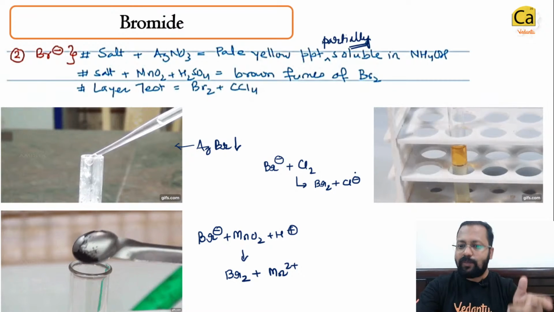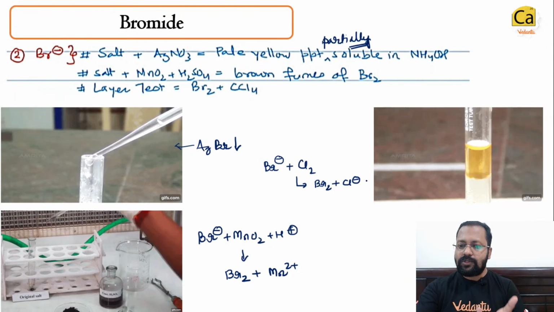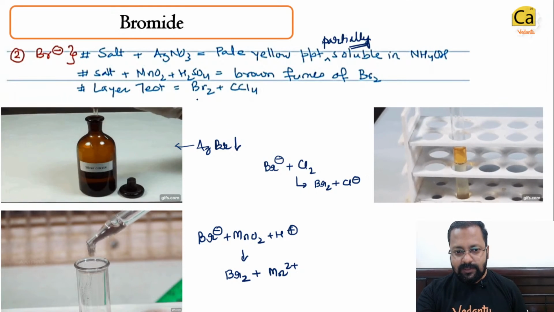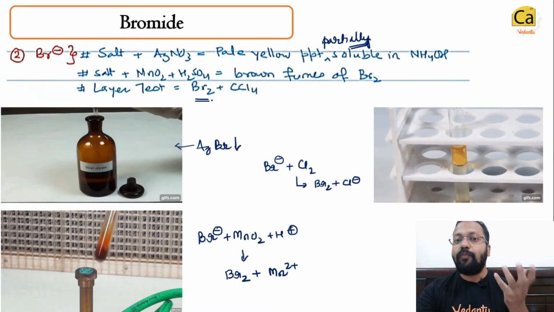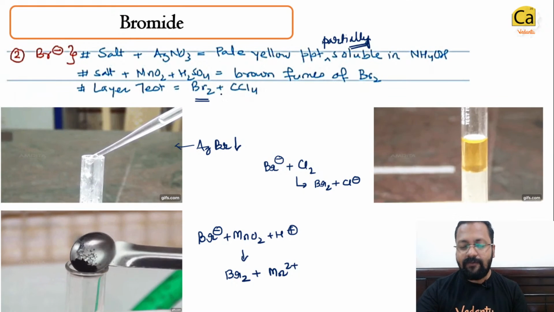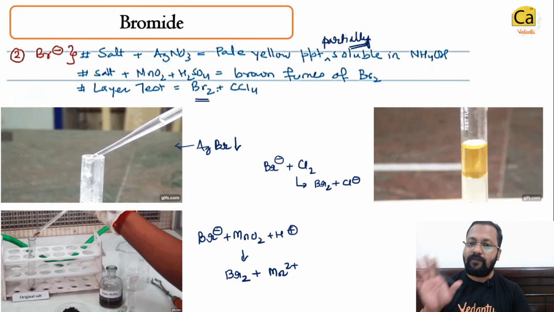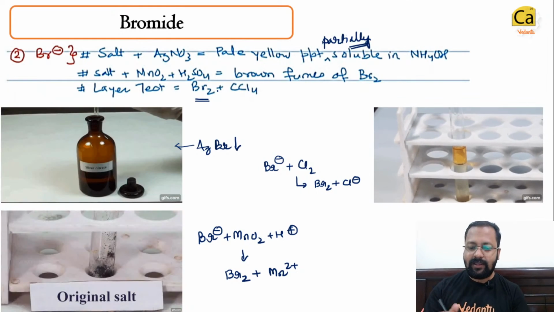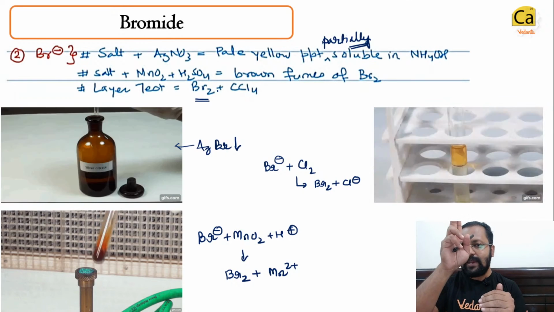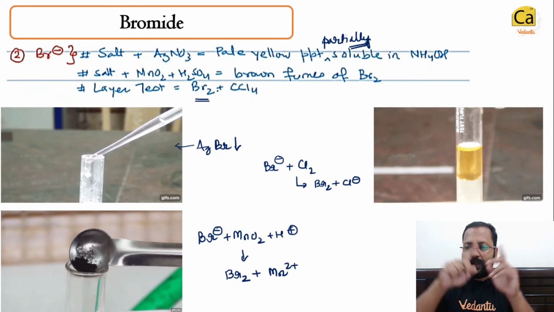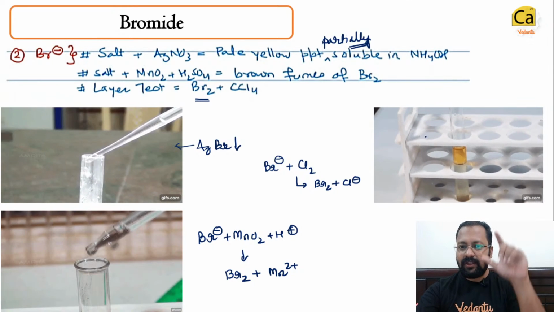So chlorine displaces bromine, and this bromine which is produced has more tendency to dissolve in non-polar solvents rather than in polar solvents. So ये करते क्या हैं? They are being produced in the polar medium and they go inside the non-polar medium and are present over there. That is the reason you will see two different layers.